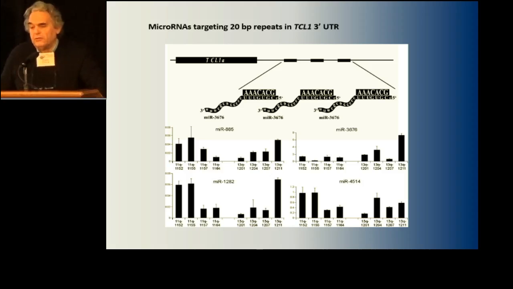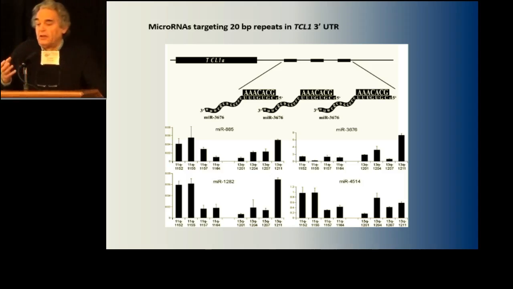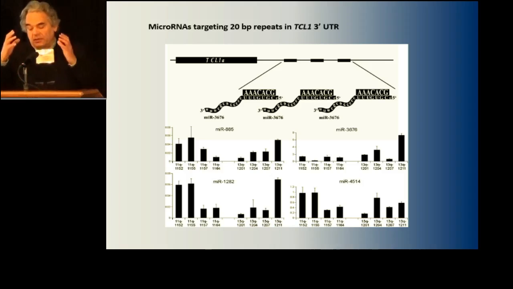And you know what BCL2 does. You know microRNAs are negative regulators of gene expression. So loss of MIR15 and 16 results in overexpression of BCL2, and that might be critical to the pathogenesis of CLL.